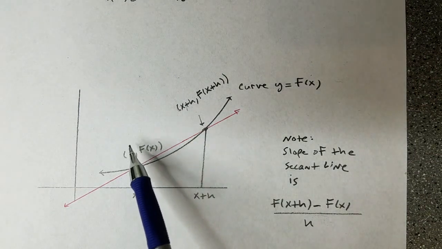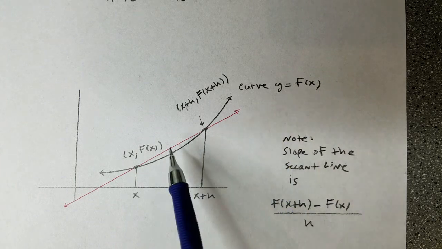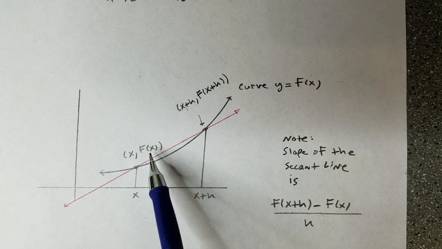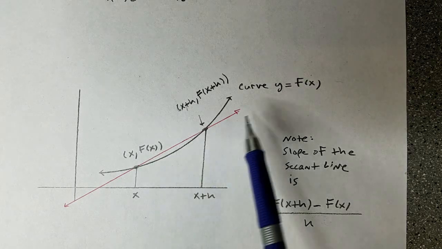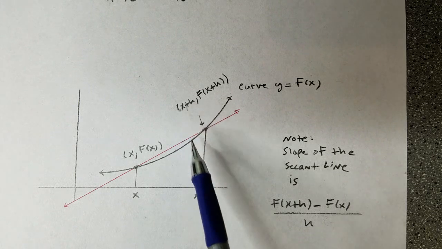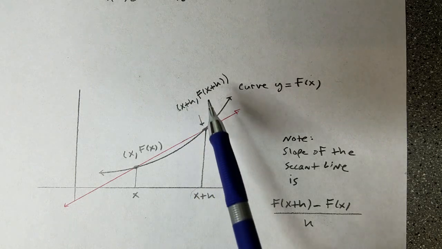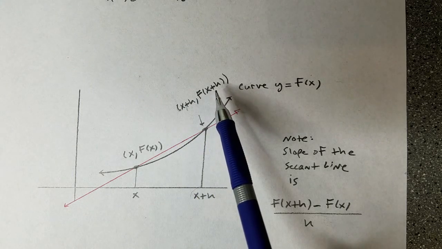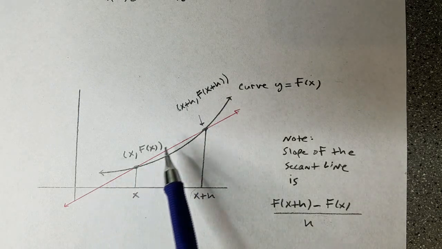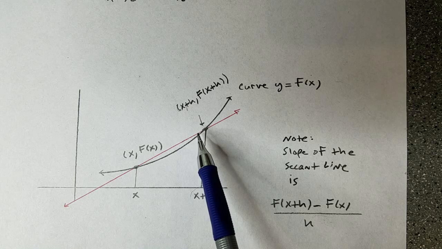And then this point on that curve is going to be x, and the y coordinate is going to be f of x, what you get when you plug x into this formula. This point is going to be x plus h for the x coordinate, and then f of x plus h for the y coordinate. Okay? And there I've drawn the secant line through those points.